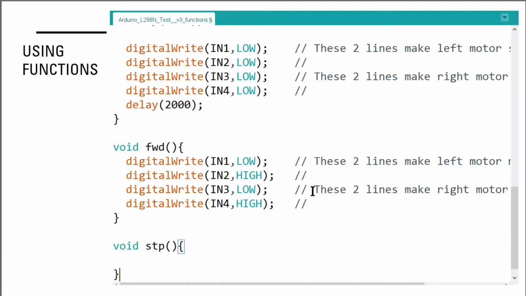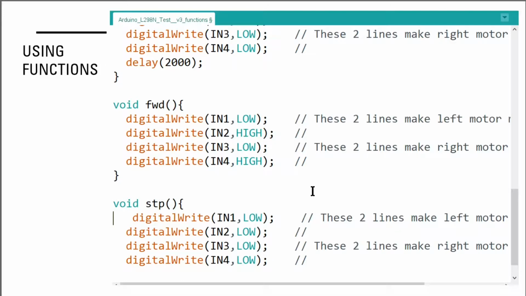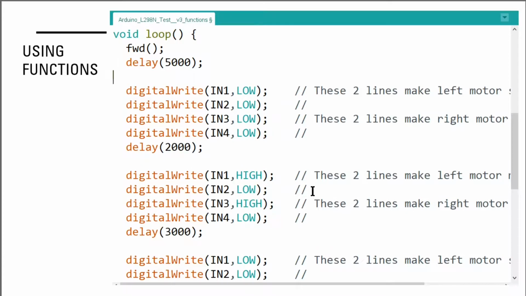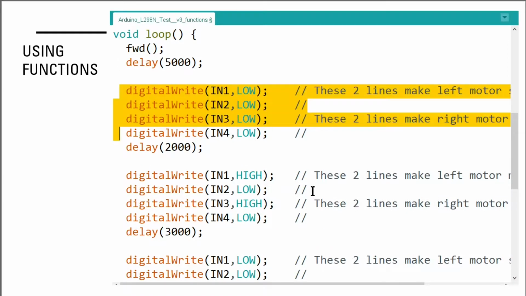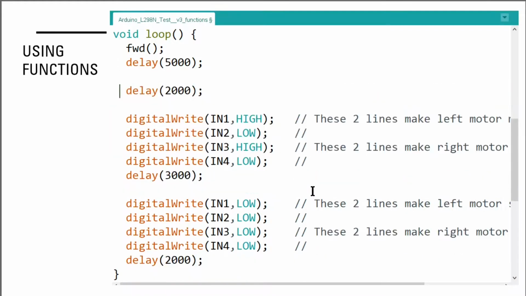Okay, I entered a curly bracket and clicked enter, and a pair of curly brackets came up. Then I'm gonna paste the code again. Again, these 4 lines of code make the motor stop. Then I'll go back up to the loop function, and I can delete these. Just like with the forward, I'm gonna replace them with a call to that function stop.